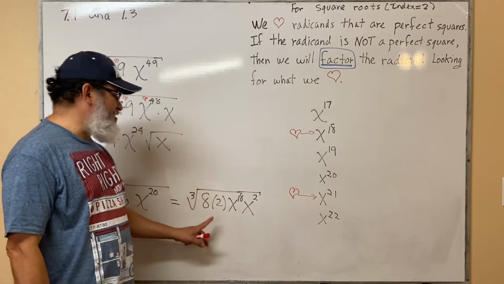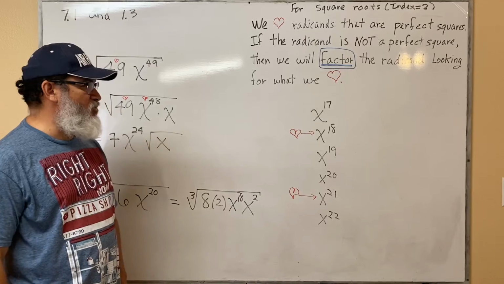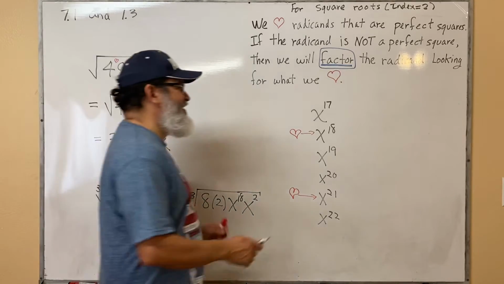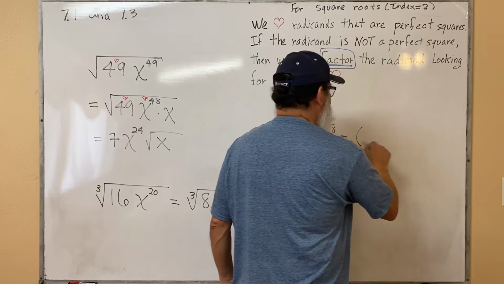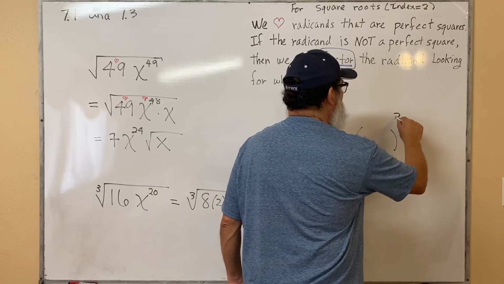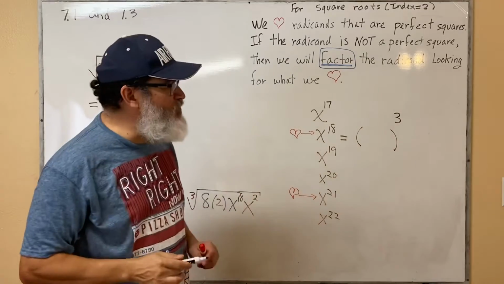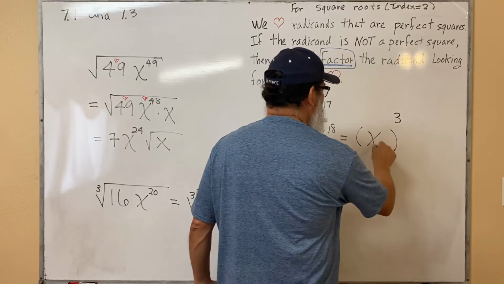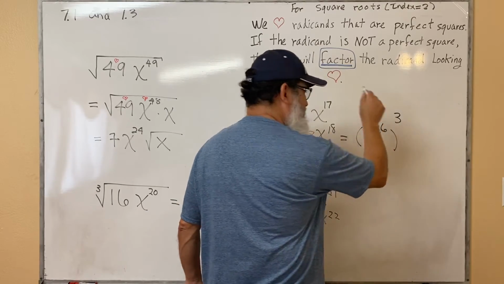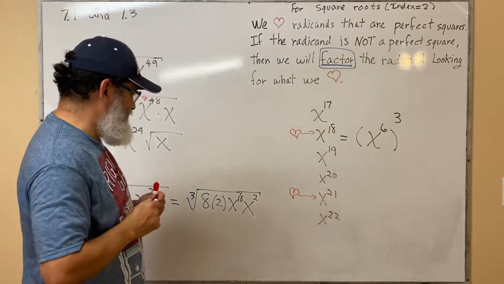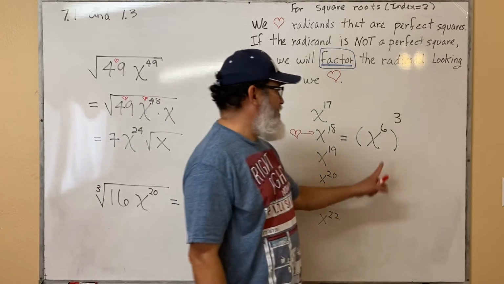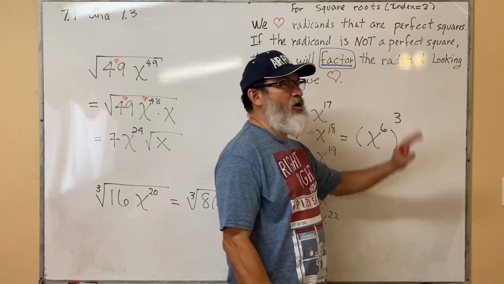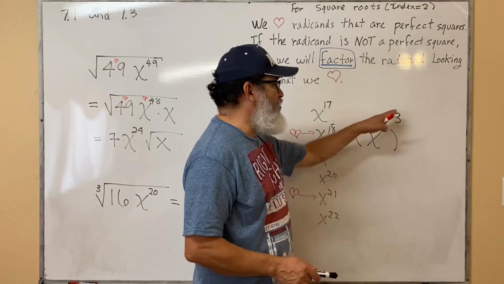X to the 18th is a perfect cube and 8 is a perfect cube. Okay, so in this x to the 18th, what has been cubed? That's a good question. What has been cubed in x to the 18th? X to the what? 6. Okay, why? Because x to the 6th to the 3rd, multiply the powers according to the power rule, and you get 18.